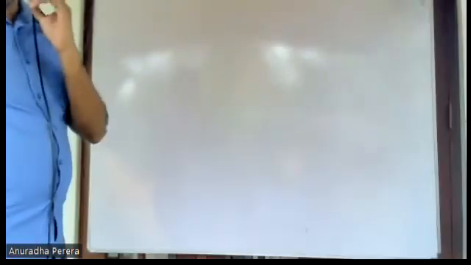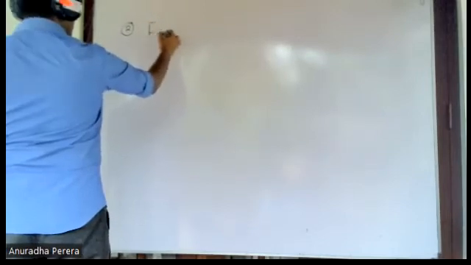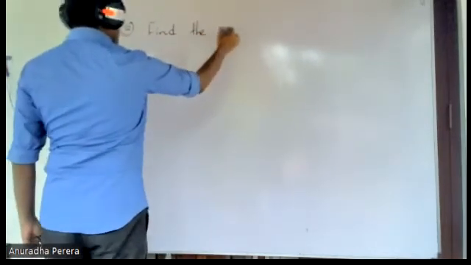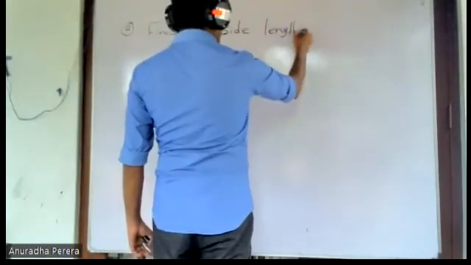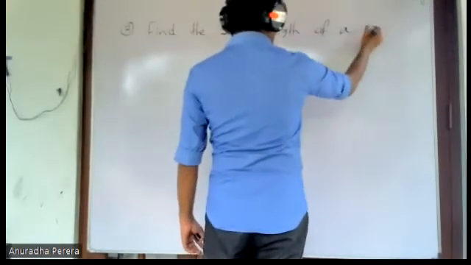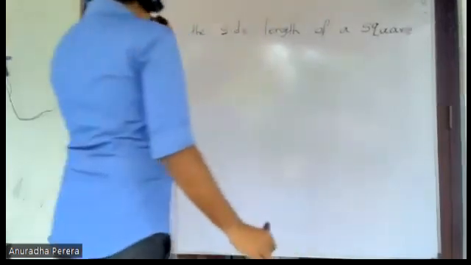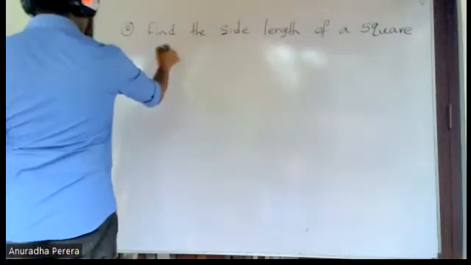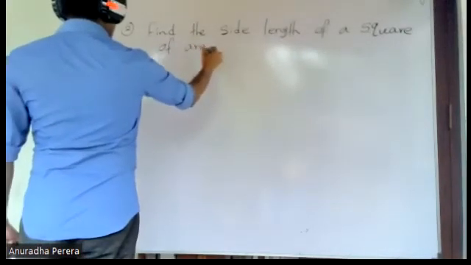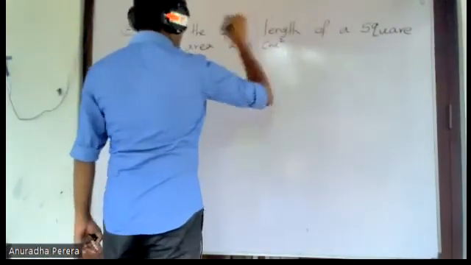Find the side length of a square of area 256 square centimeters, right?